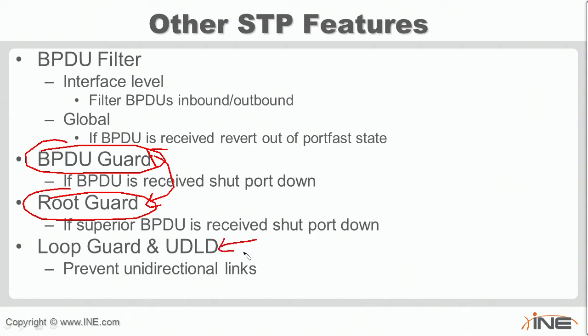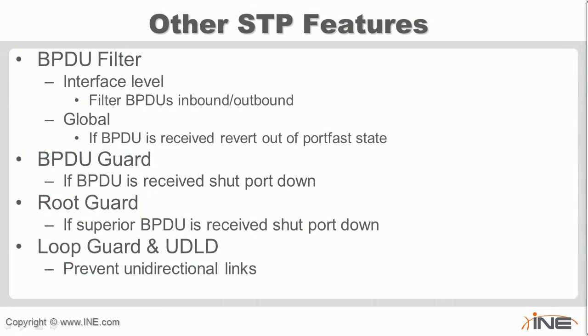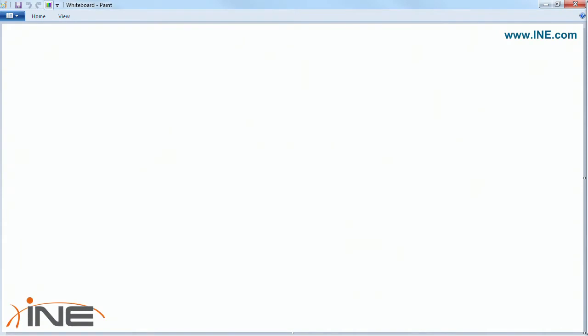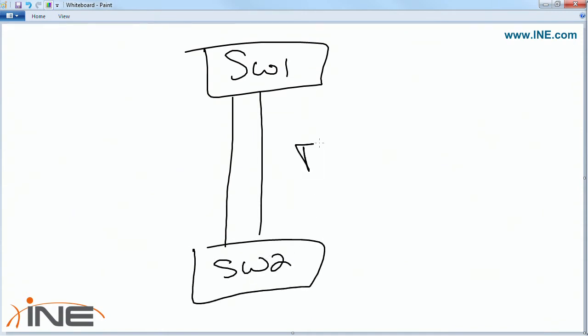This last one here is for preventing physical layer 1 problems in the network, which is sometimes called a unidirectional link. And a unidirectional link usually happens when you're running fiber as your physical media. If I have switch 1 connected to switch 2 over a fiber cable, this is made up of two different portions of the cable.